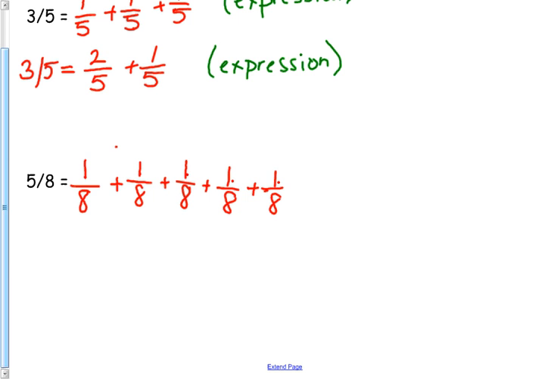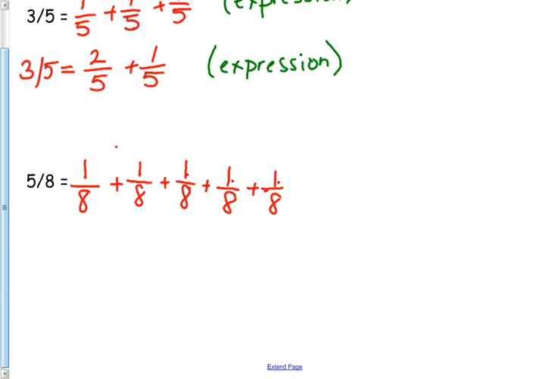But I can represent this using not just unit fractions, but I can combine fractions. So let's try that. And there's so many different ways that we can combine these fractions. I'm going to show you at least 2 different ways. And then I'm going to challenge you to come up with at least one more way to represent 5/8 using fractions.